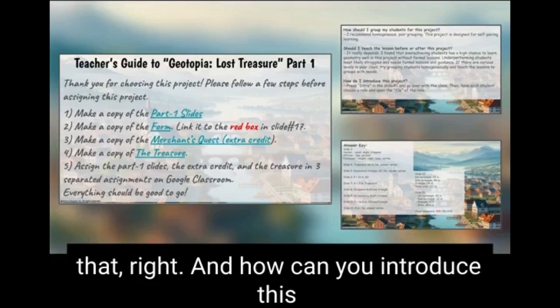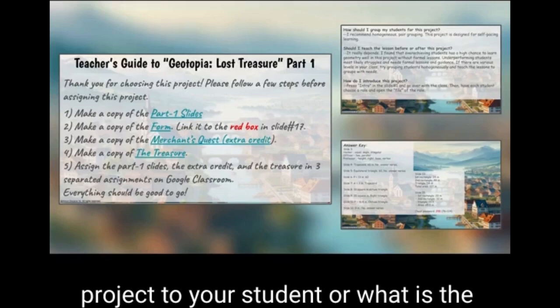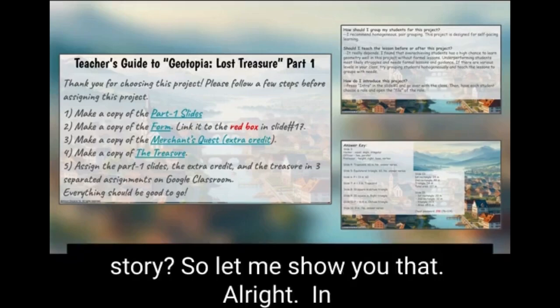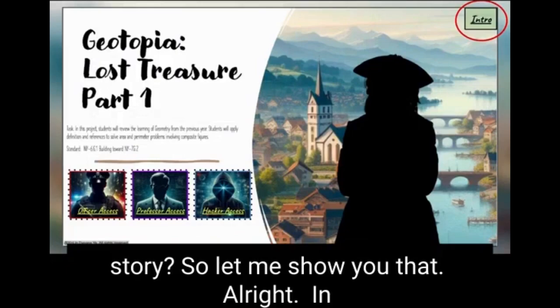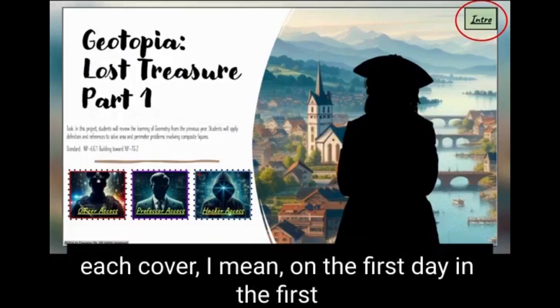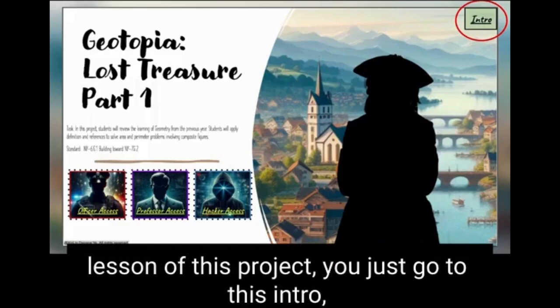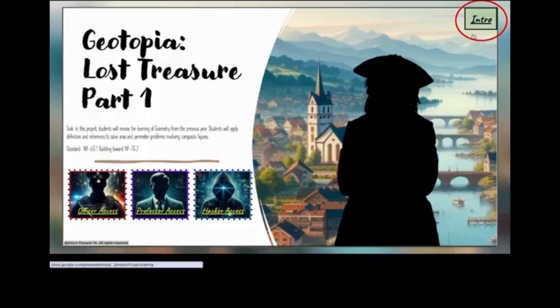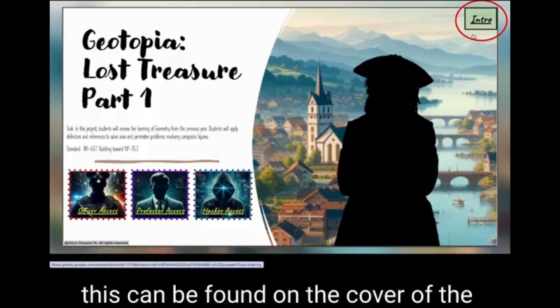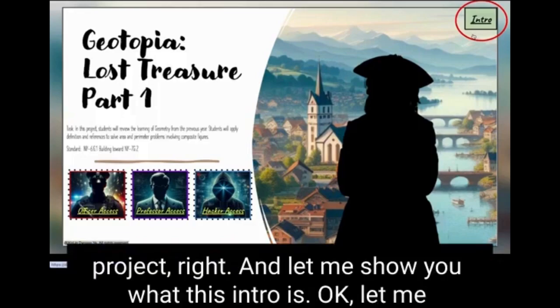How can you introduce this project to your students, or what is the story? Let me show you that. In each cover, on the first day, in the first lesson of this project, you just go to this intro, which can be found on the cover of the project. Let me show you what this intro is.